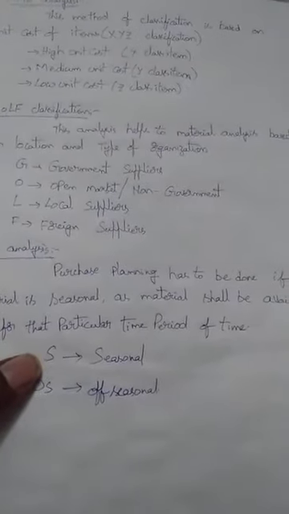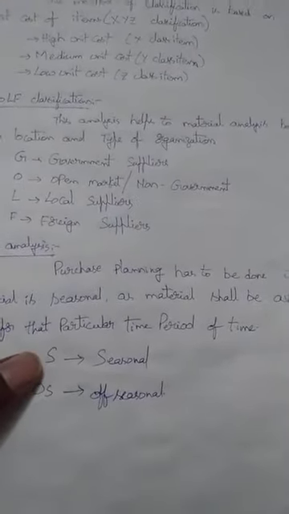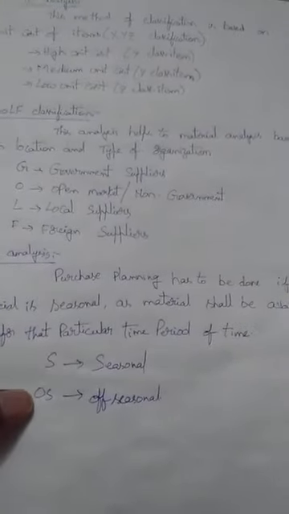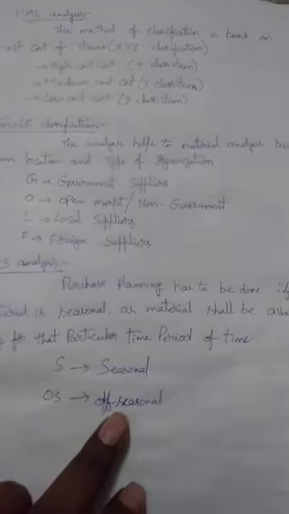In winter and the rainy season there is maximum availability of apples. Off-seasonal means these raw materials are available for 365 days.